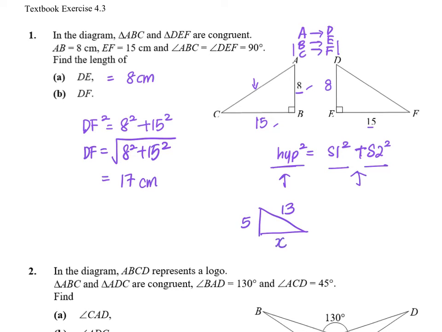Find x, 90 degree over here. Is x the longest or shortest side? Shortest. So x square will be 13 square minus 5 square. Then you take square root.